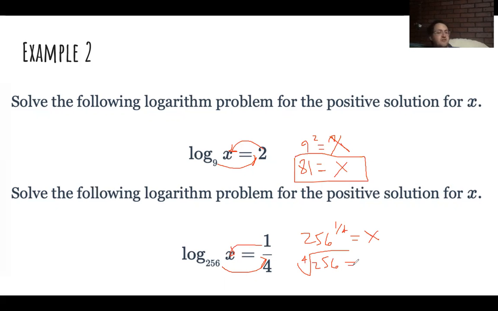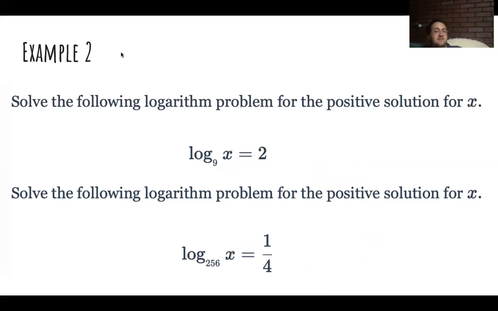But if I do 256 to the 1/4, that's equal to 4. Or you could just use your Delta Math calculator as well. And then we're done. A lot of these level 1 ones are pretty basic. If you just convert them into exponential form, you'll be golden and you'll get the answer that you need.